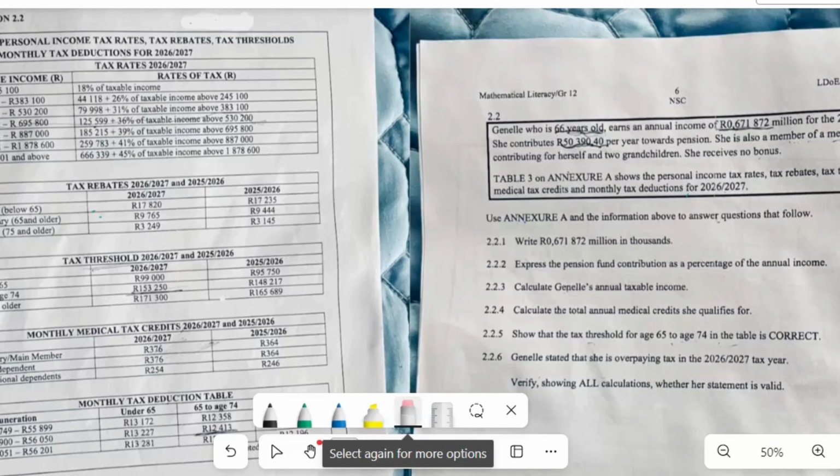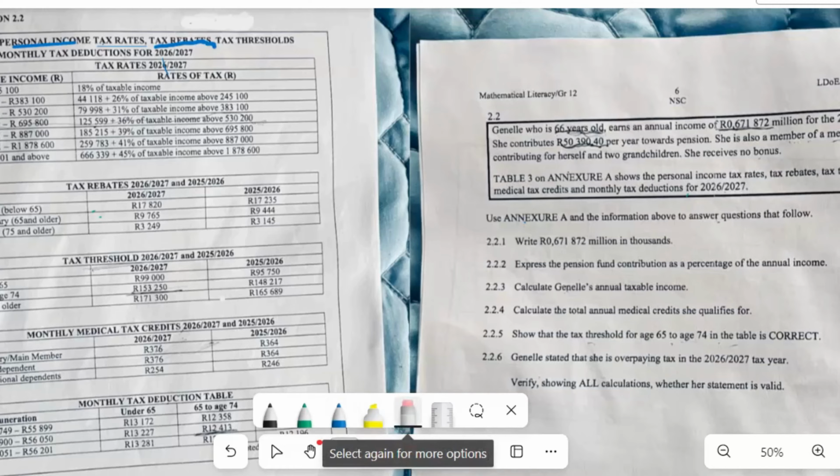So before we can continue with this question, I believe it would be better for us to understand what the meaning of personal income is, the meaning of tax rates is, the meaning of tax rebates and the meaning of thresholds.